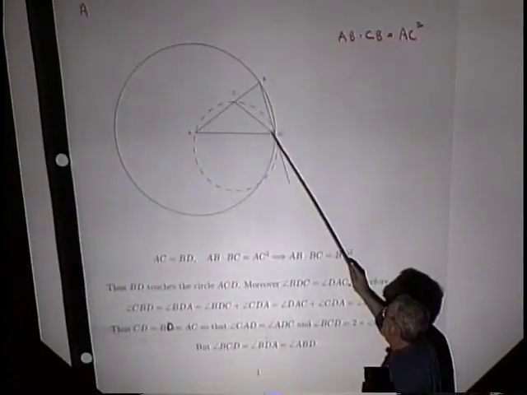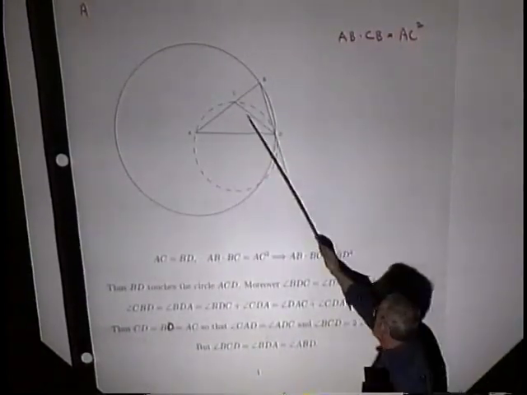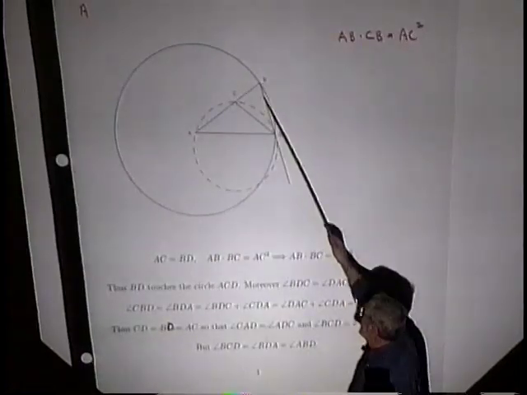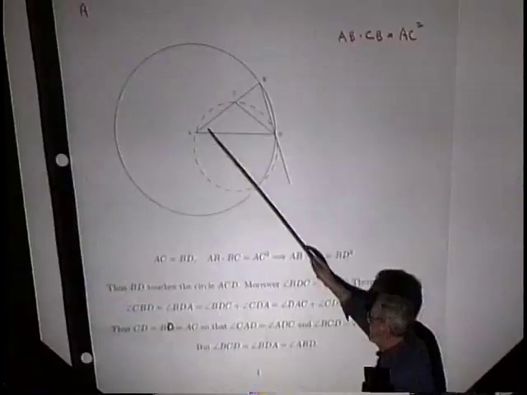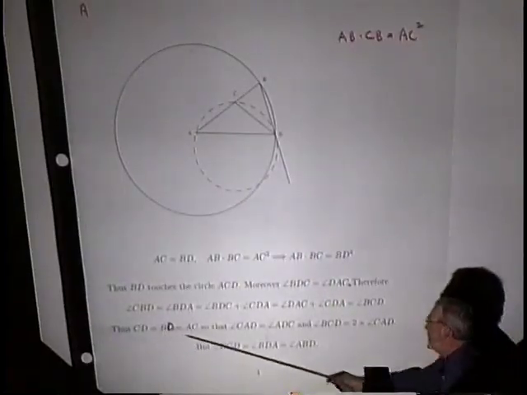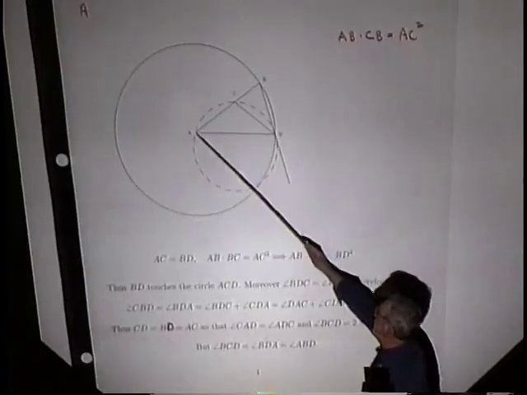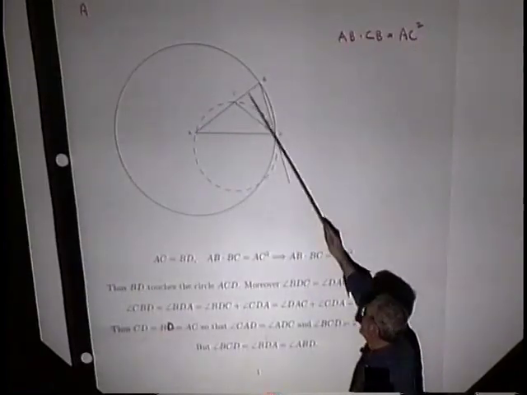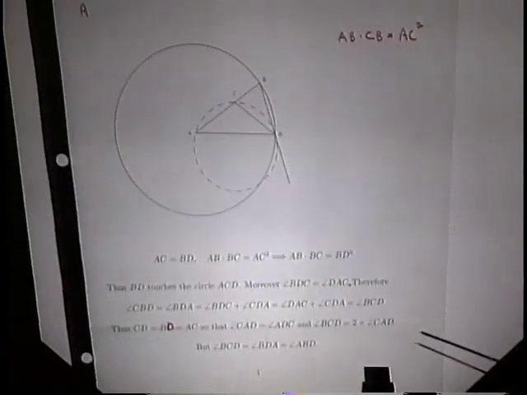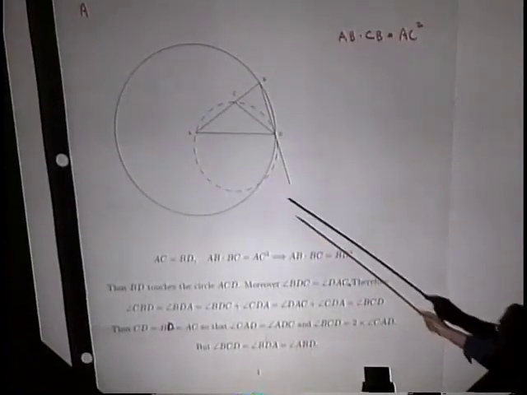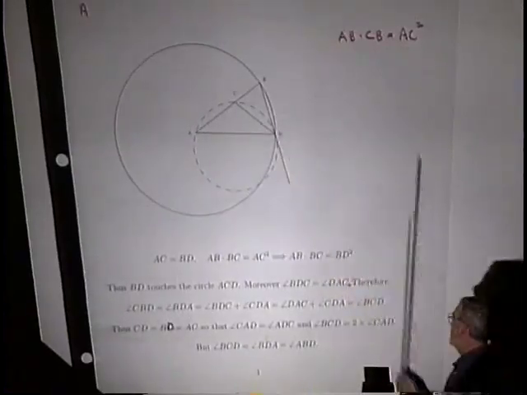Therefore, the corresponding sides are equal. So CD is equal to BD, but BD was so constructed that it was equal to AC. So we have these three all equal. So we have two isosceles triangles. This one, and as we indicated, this one. So that means that these two triangles are equal.